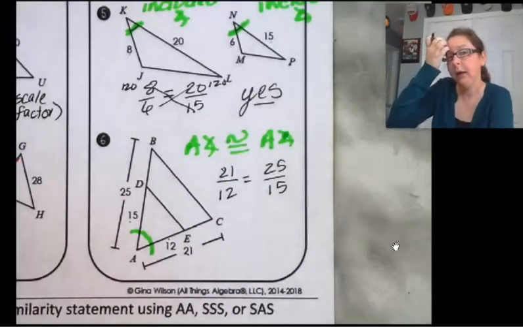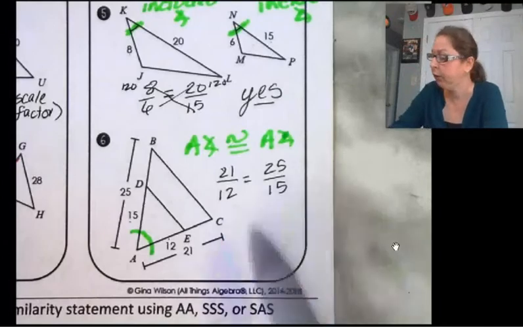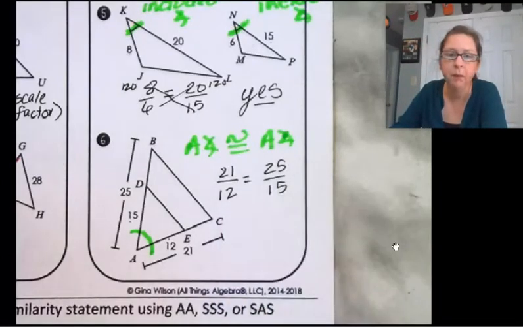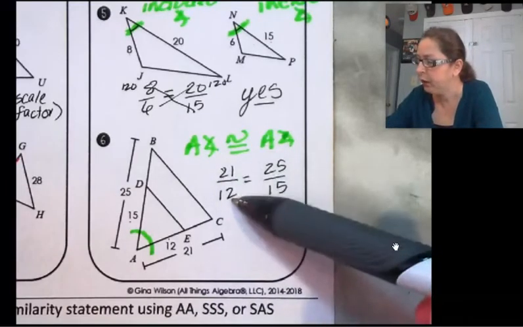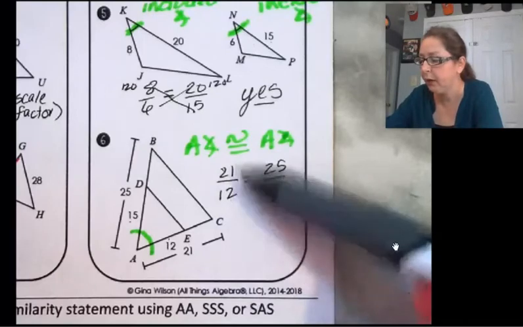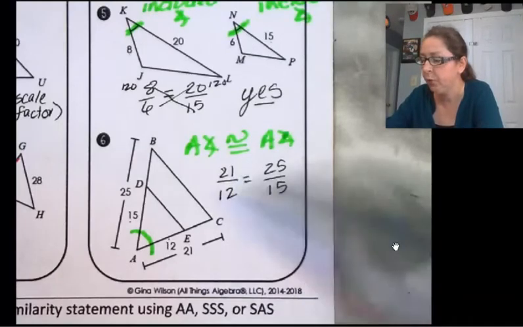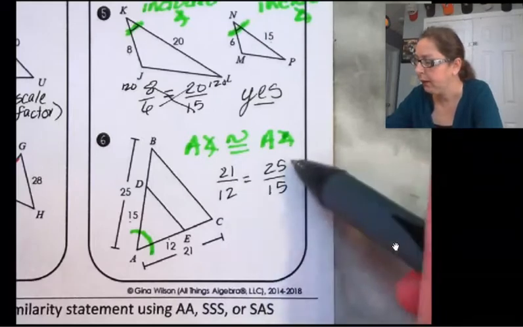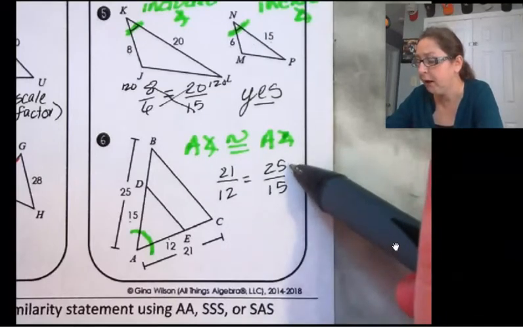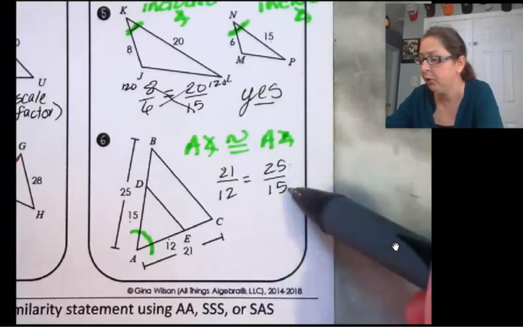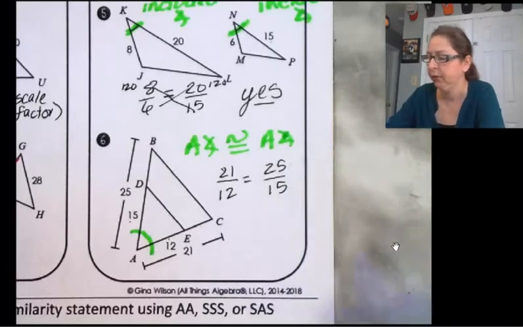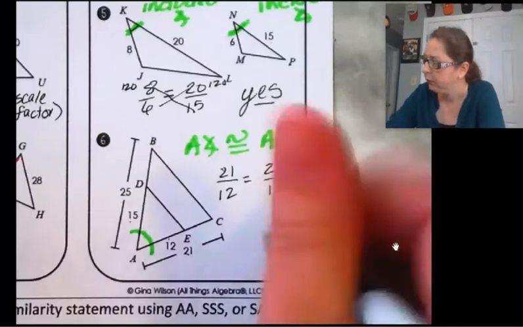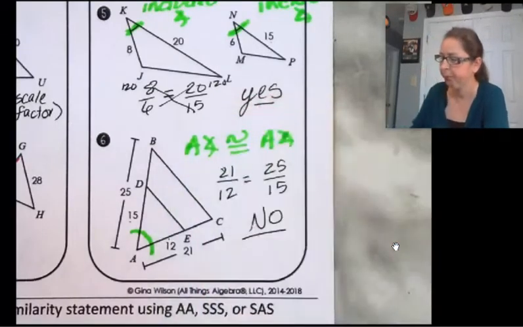Okay. And so you can either cross multiply, you can type them in the calculator and check their decimals, or you can reduce the fractions. So 21 and 12 are both divisible by 3. That would give me 7/4. And then these are divisible by 5. That would give me 5/3. Well, 7/4 is not equal to 5/3. Okay, so this is no.